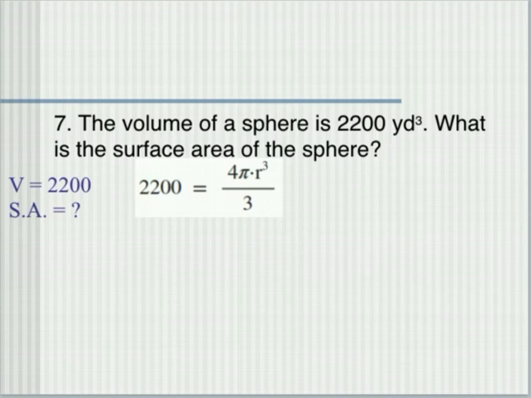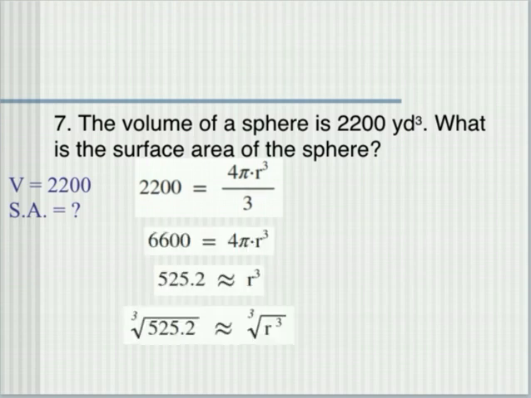They're telling you volume, so you'd plug in 2,200 for the volume side of your formula, and then you would start solving for r cubed and getting r by itself. So you could multiply both sides by 3. You can divide both sides by 4 pi. And then to get rid of the cube on the r and have just the radius, you need to cube root. That would cancel out the power of 3.